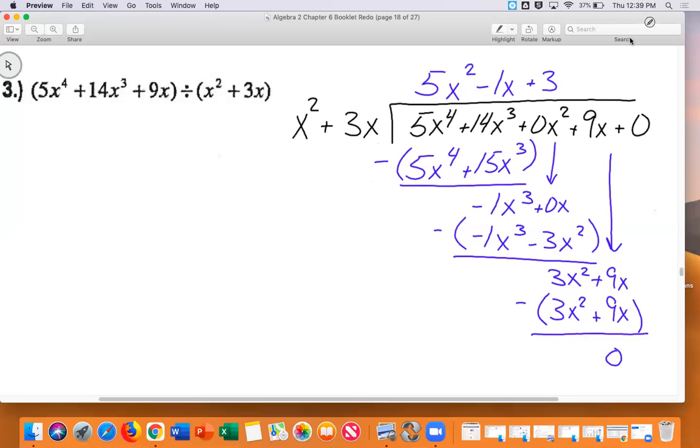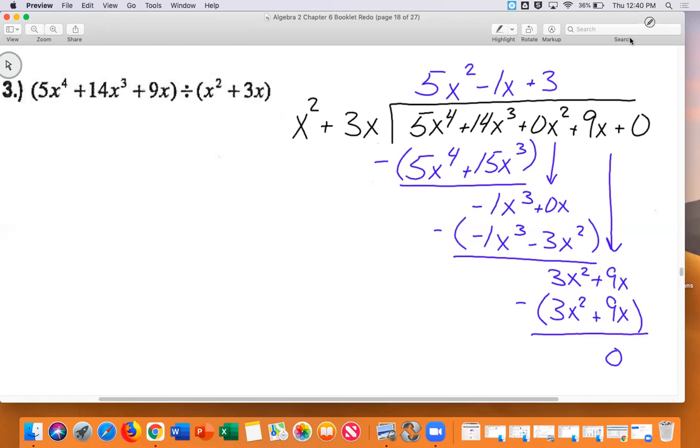-3 to the 4th is 81 times 5. Well, that's 405. -3 cubed is -27 times 14, which is -378.